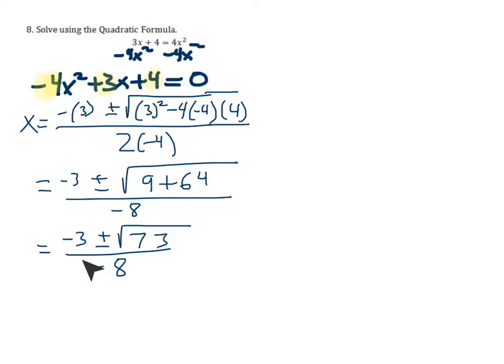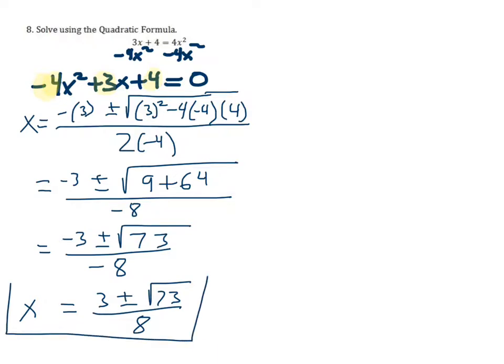Negative divided by negative makes a positive, and a plus divided by negative and a minus divided by negative doesn't change much. So we end up with x equals 3 plus or minus the square root of 73 all over 8.